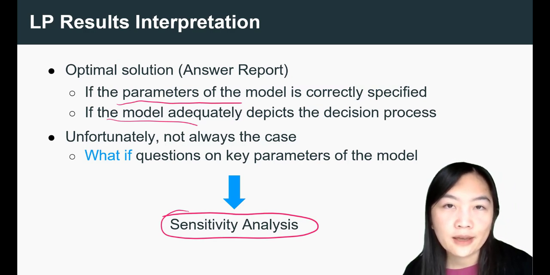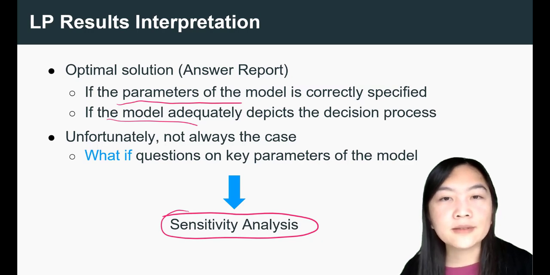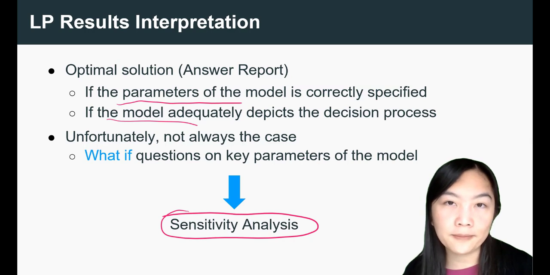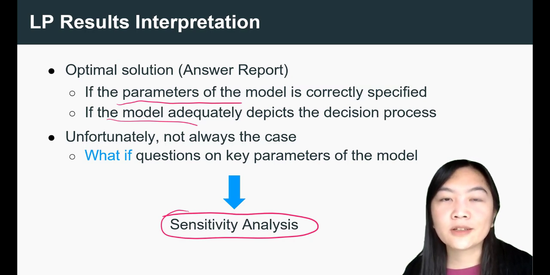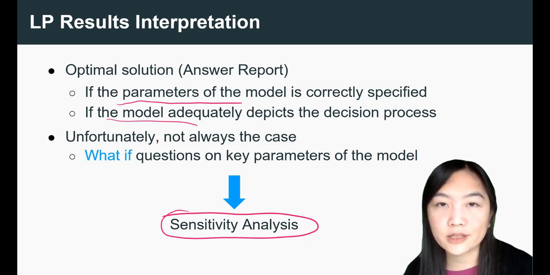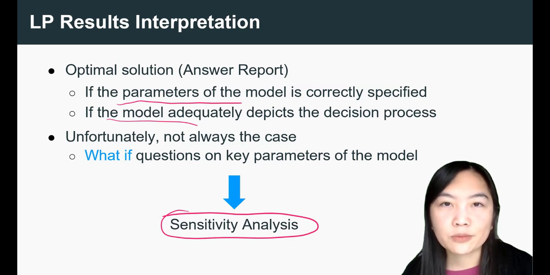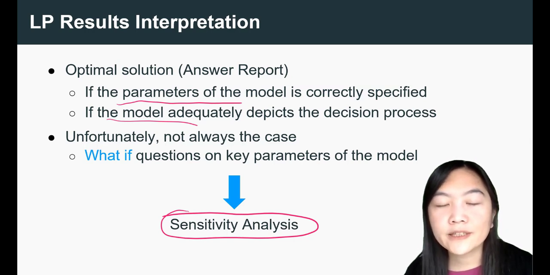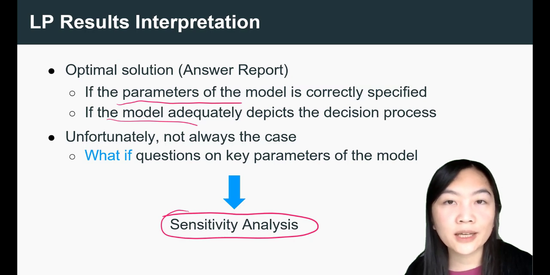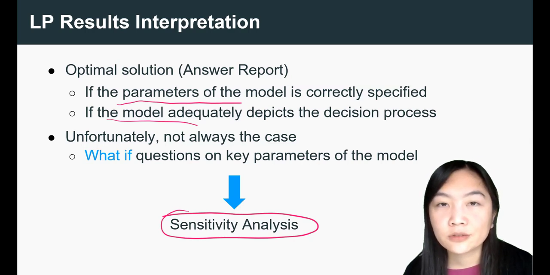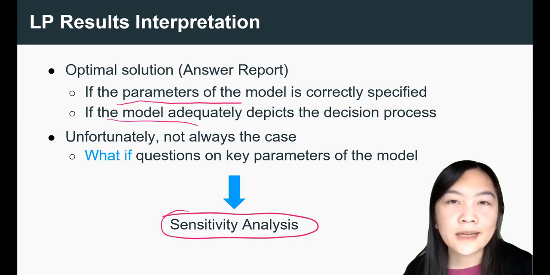For example, if the price of corn changed, then from the results you get from the answer report and also the sensitivity report, can you answer some of the questions? What if the price changed? Then how will the solution change? Will the producer get more profit, or will the producer allocate the land to grow corn and soybean differently? And that depends.